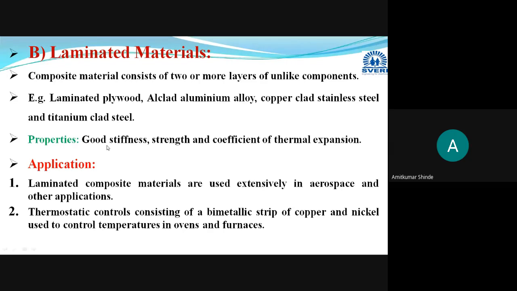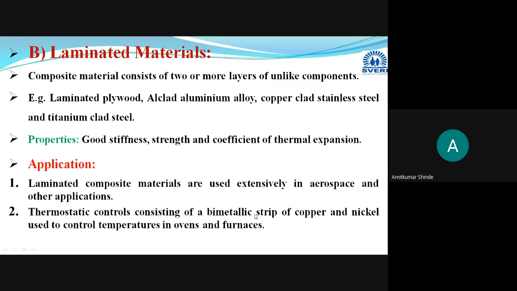Then it will provide you very good strength, very good stiffness, and a very low coefficient of thermal expansion. That will be the properties. It means it does not change its dimensions as there is a rise in temperature. That's why, due to these properties, it is used to control the temperatures in ovens and furnaces.